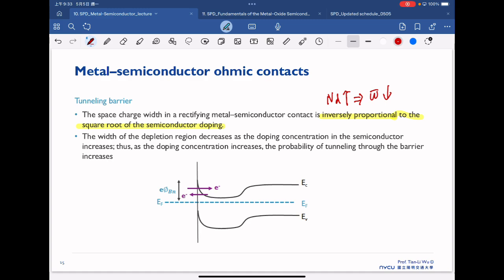The width of the depletion region decreases as the doping concentration in the semiconductor increases, and therefore, as the doping concentration increases, the probability of tunneling through the barrier increases. So we call this a tunneling barrier.